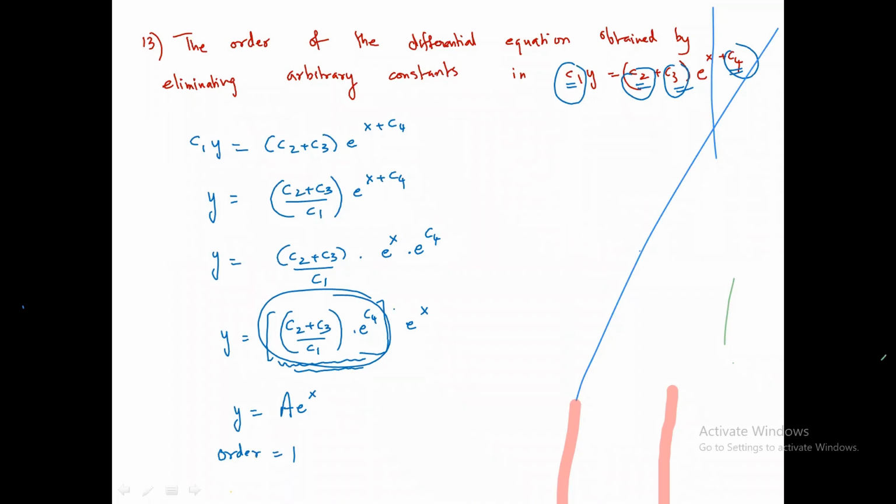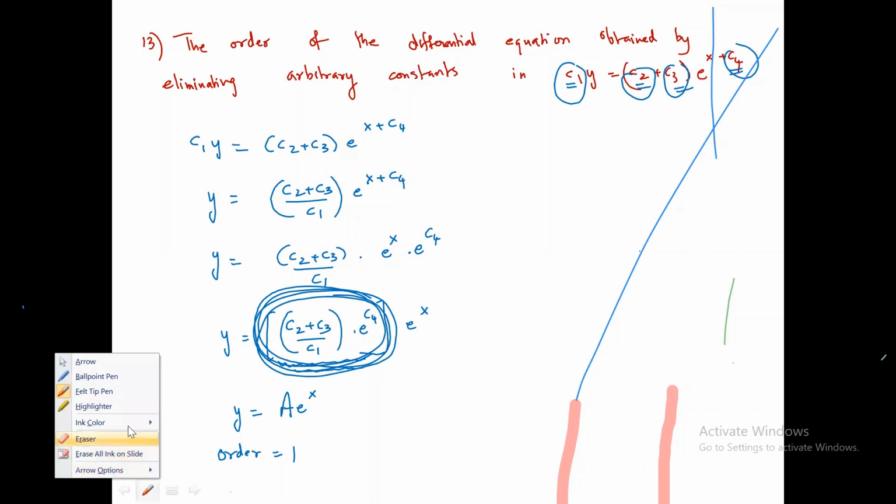Simplify it as much as possible. Try to combine the constants. Once you combine, you will know actually how many constants are there. That will be the order. So all are very easy if you know the basic concept.